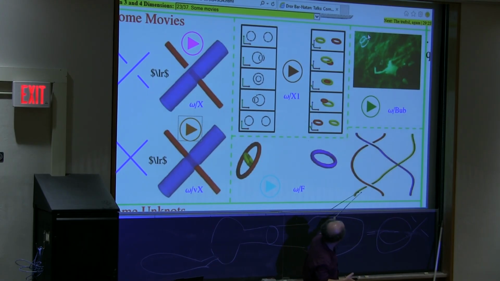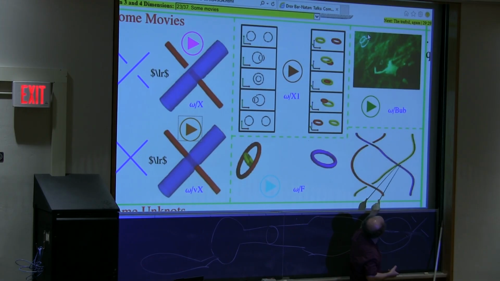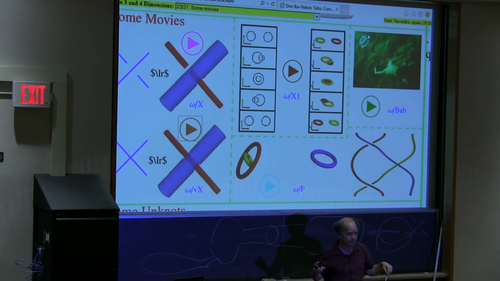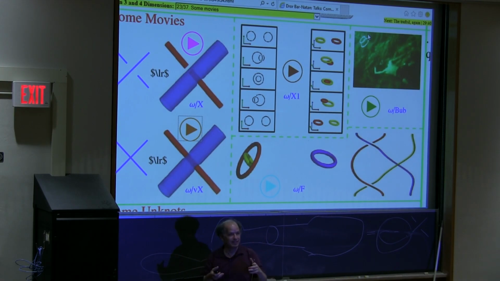And as they fly, yellow flies through red, then yellow and blue interchange places externally, and finally red flies through blue. Okay, so that's a little movie that represents a certain four-dimensional knotting scenario.